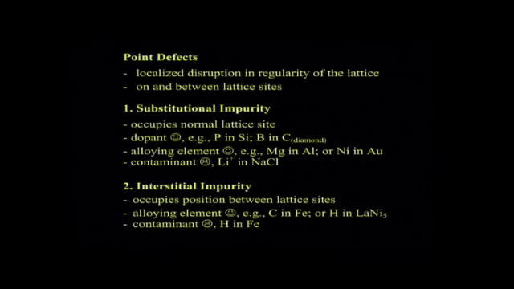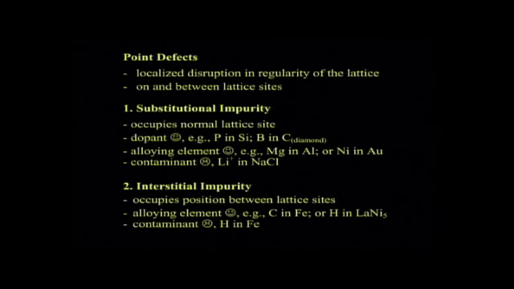So let's start out with point defects. Point defects are those 0-dimensional defects, right? They're points, just like in math. And there are a number of different point defects that we can look at. We have our substitutional impurities, interstitial impurities. The general overall recurring theme in these point defects, regardless what type they are, is that they are localized disruptions.